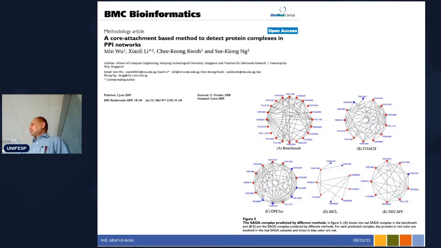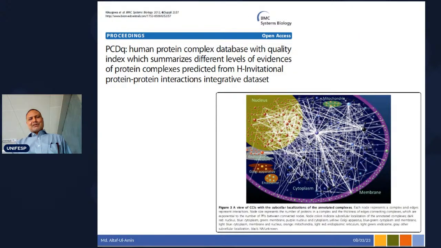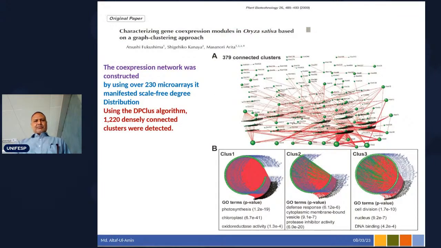In this work, DPClus was utilized to compare with several other methods to find protein complexes in PPI networks. And here, DPClus was utilized to find out metabolic correlation network modules in Arabidopsis. And here, DPClus was utilized for finding protein complexes in human PPI network. And here, co-expression gene modules in Oryza sativa, which is rice, DPClus was applied.